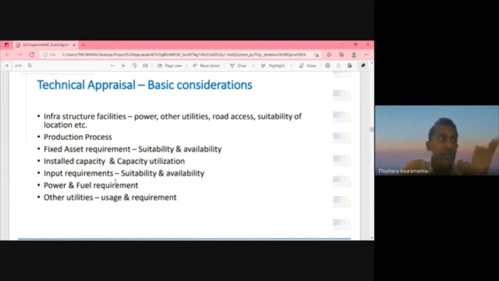Then installed capacity and capacity utilization. The installed capacity would say this many units per hour, per day, like that. But the capacity utilization is very important. Whether that's a standard, but are we able to get the same standard when operating under normal conditions?